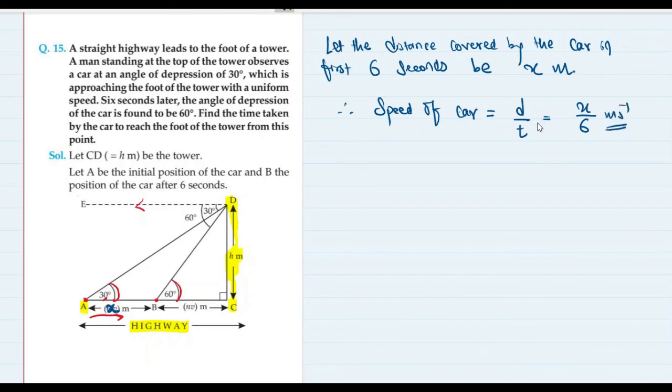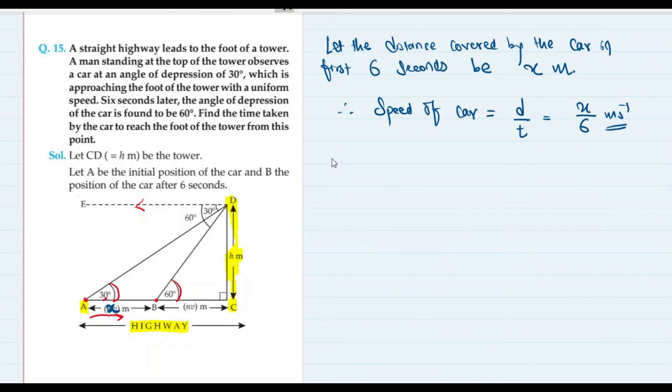So we took the speed of the car as x by 6 meter per second because the distance covered is x meter and the time taken is 6 seconds. Great. Now, if the car continues to travel with the same speed, the remaining distance, now we don't know the remaining distance, but we can find it in terms of h, right?